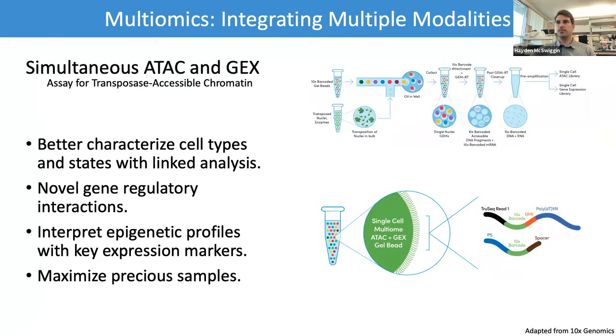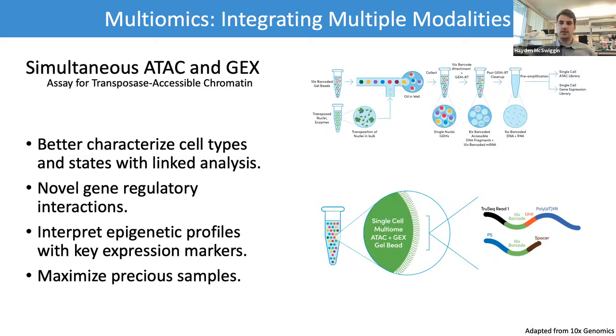So beyond single-cell RNA-seq, I'll briefly mention the next evolution in single-cell technologies that allow researchers to analyze multiple modalities in the same cell at the same time. I think you all know that there are multiple epigenetic factors that work in tandem to produce the observed RNA expression profiles.